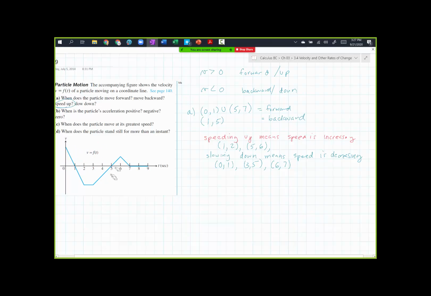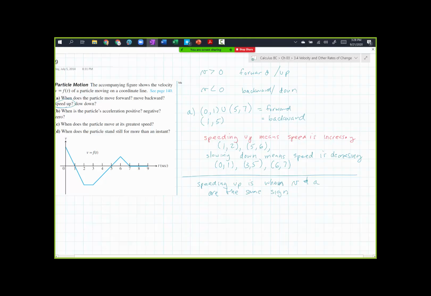But here's another way to look at this problem. Another way to look at that same issue is speeding up is when velocity and acceleration are the same sign.